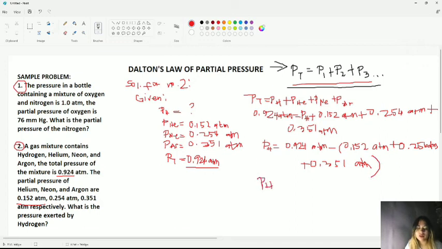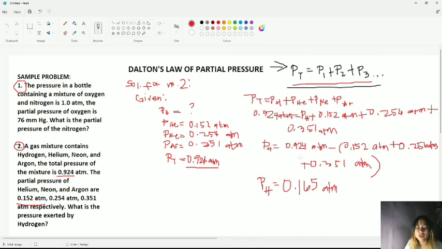Makukuha na natin yung sagot dito if ma-solve natin to. Yung sagot, 0.165 atmosphere.